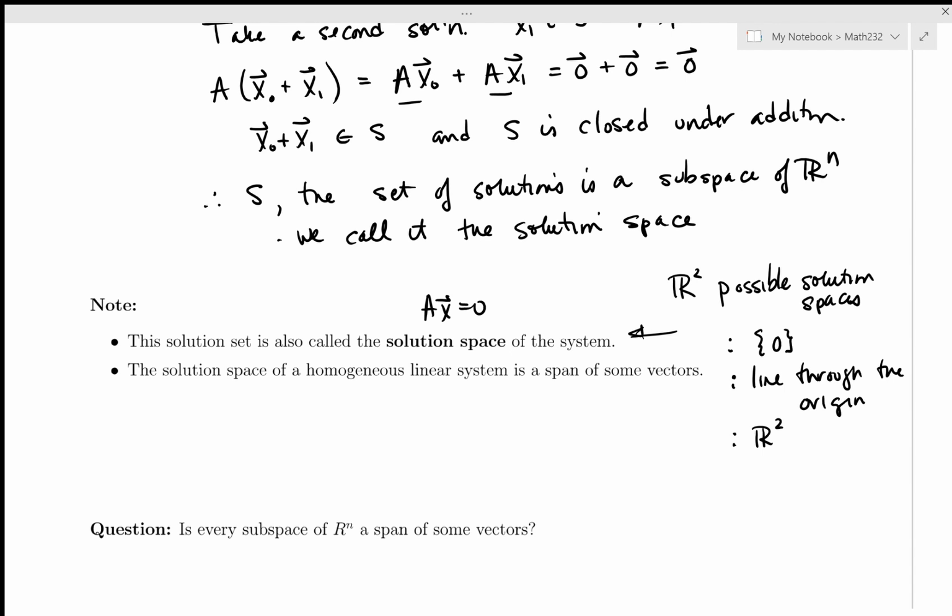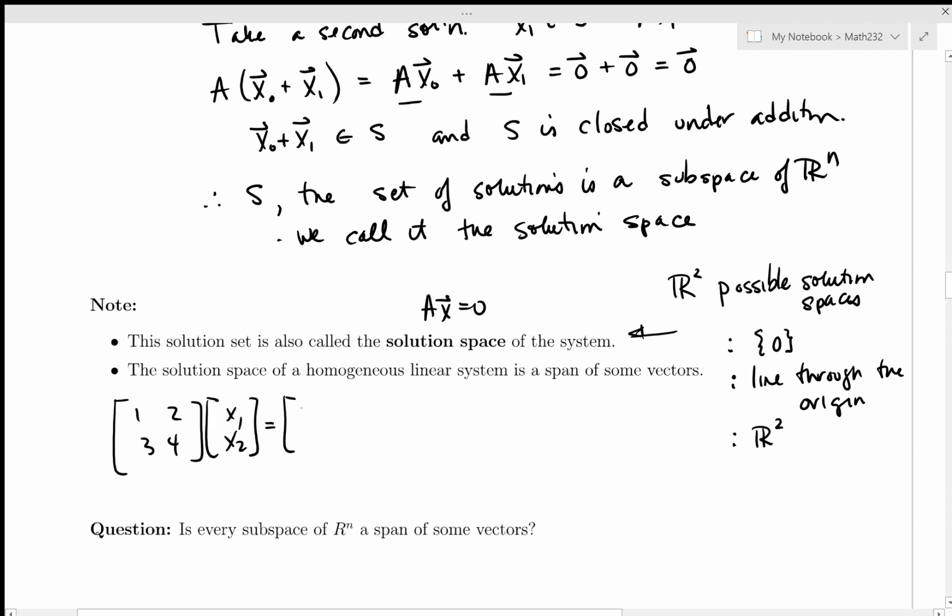Each one of those is the span of some vectors. So we could, for example, have a matrix like this, 1, 2, 3, 4, times x1 and x2, equal to 0, 0. Then we imagine changing these. Maybe we have 1, 0, 0, 0, times x1, x2 equals 0, 0.